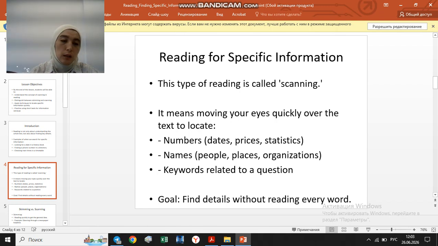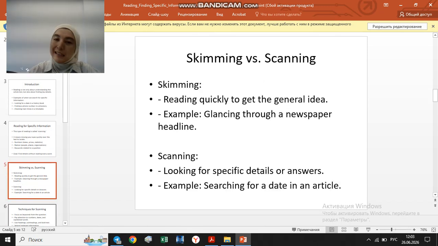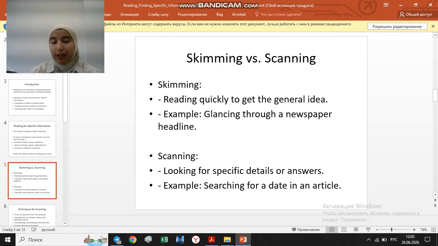If it is skimming, have a look at the letter m, so meaning. Skimming means meaning. You are going to read fast for meaning.